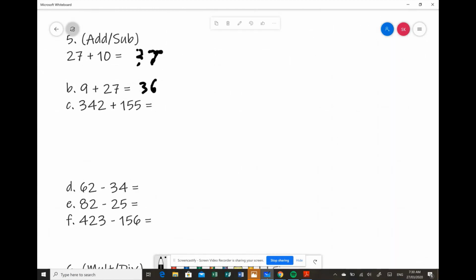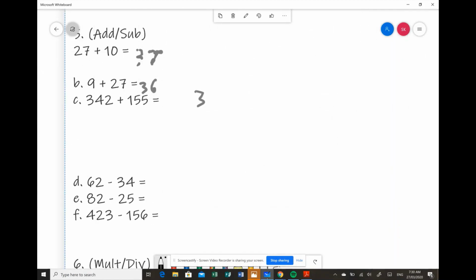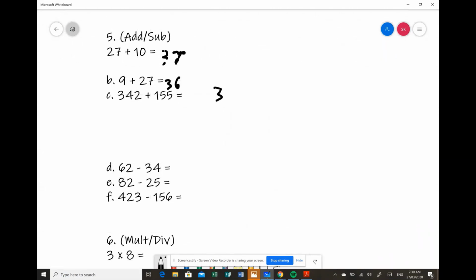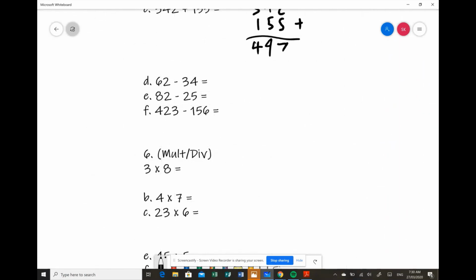Here we go, 342 plus 155. 2 plus 5 is going to be 7, 4 plus 5 is 9, and 3 plus 1 is 4.